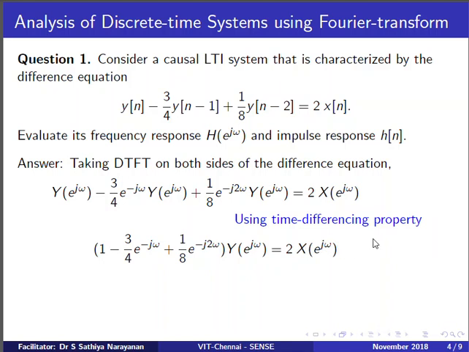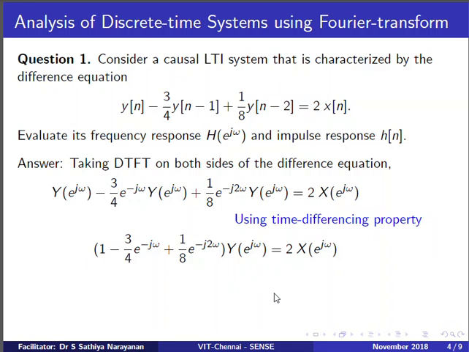Now looking at the question again, we need to find H of e power j omega, and we have terms on both sides of the expression multiplied by Y and X respectively. So H of e raised to the power j omega is Y of e raised to the power j omega divided by X of e raised to the power j omega.